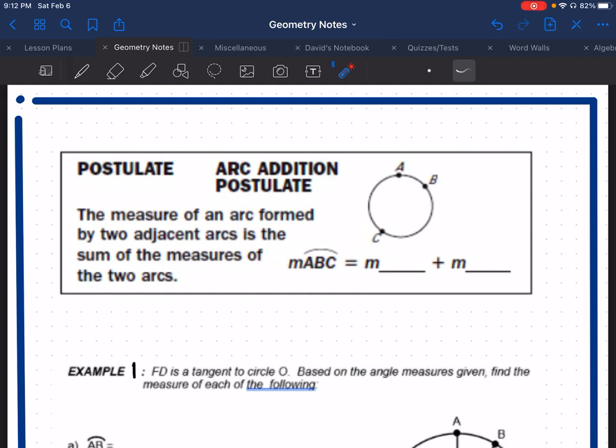So here I'm looking at arc ABC. That means I'm starting at A, going to B, and ending at C, my endpoint. The measure of this arc can be thought of as the measure of arc AB from A to B plus the measure of arc BC.